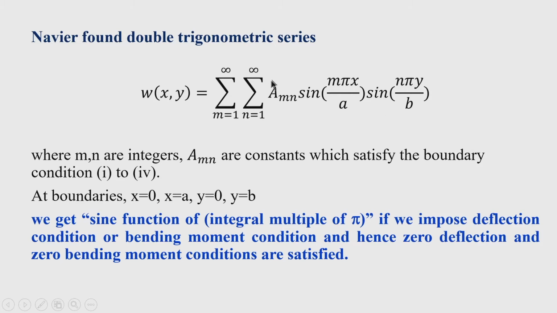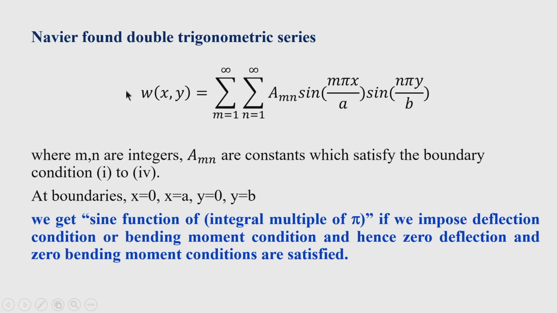Now, the most important thing is the coefficient A mn. Coefficient A mn is still unknown. If I find that out, then I will get the deflection completely. How can it be found?